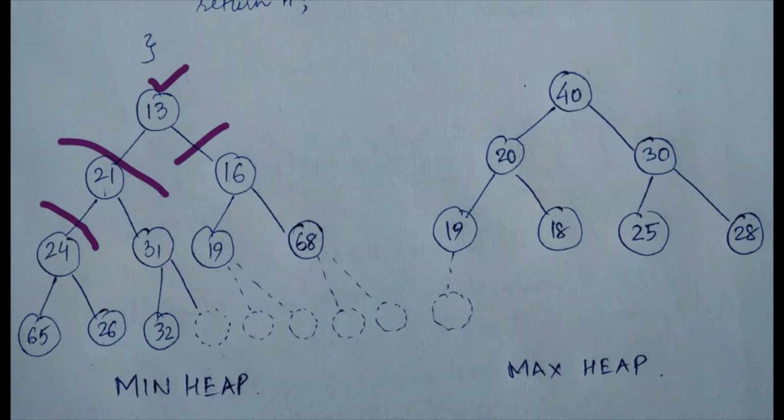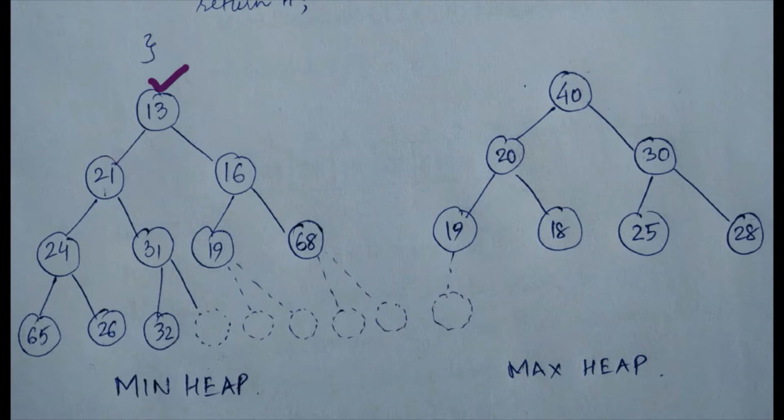On the right hand side, you see the opposite. The root element is the largest, or it's a maximum value element. Everything in the left and the right, as you go down the levels, will always be smaller than the root. Root will be the maximum of the left and the right subtree elements.